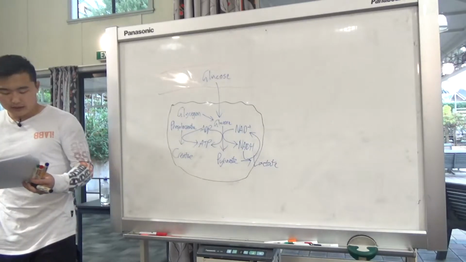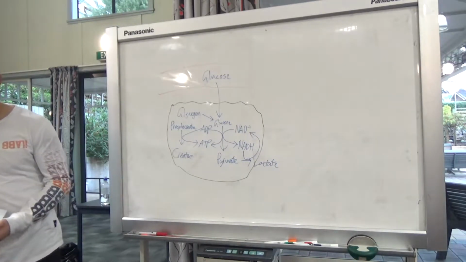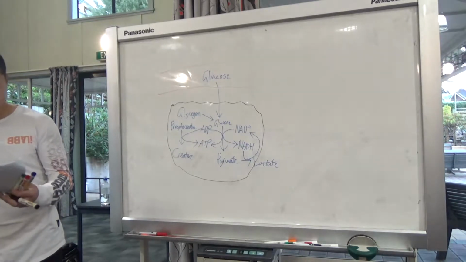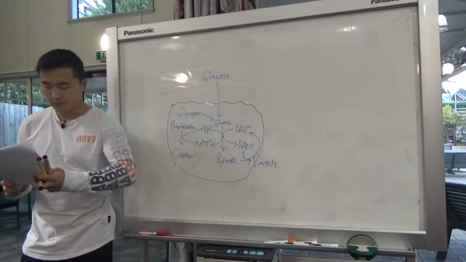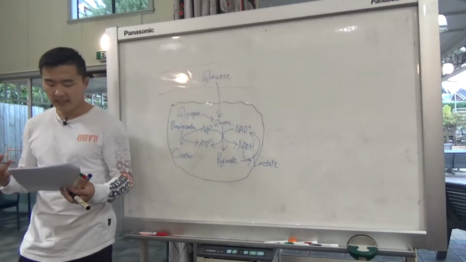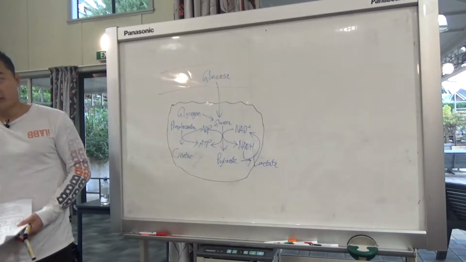So type 2 muscle fibers, they are fast twitch. So fast twitch, so that means that they can generate a lot of energy. And they are lighter in color, so they're white, because they don't have as much myoglobin.